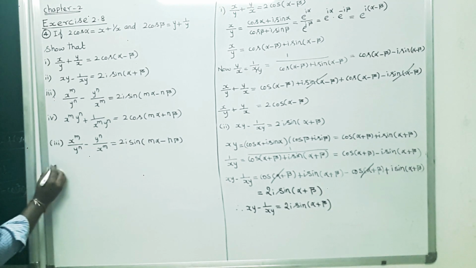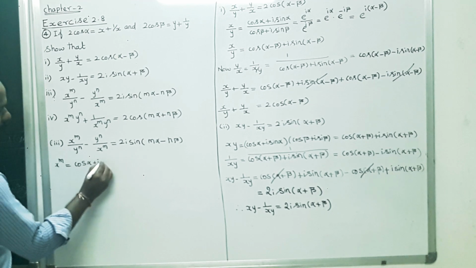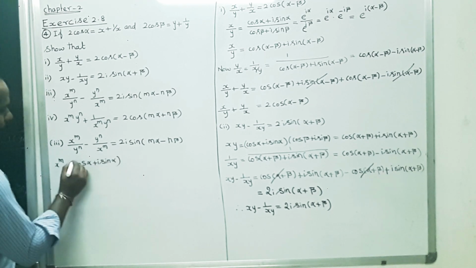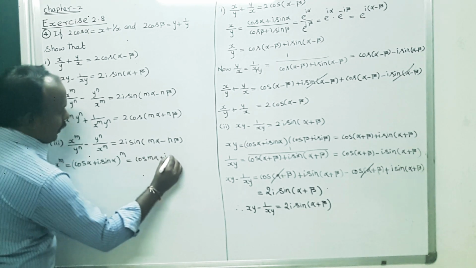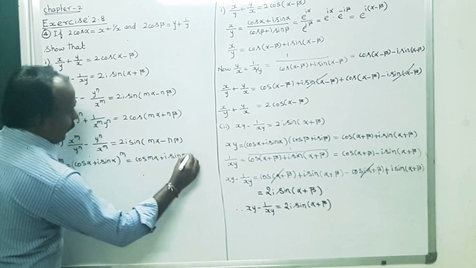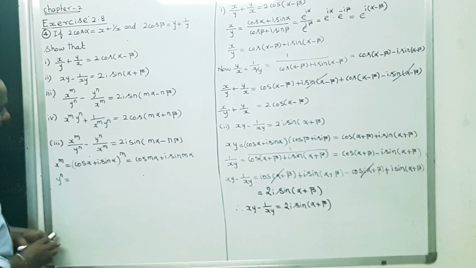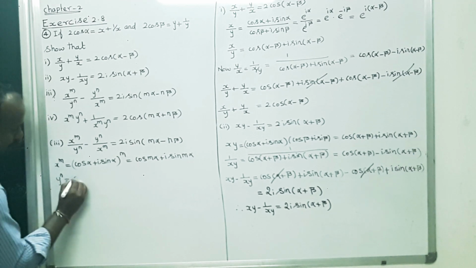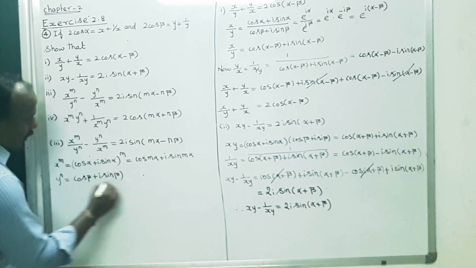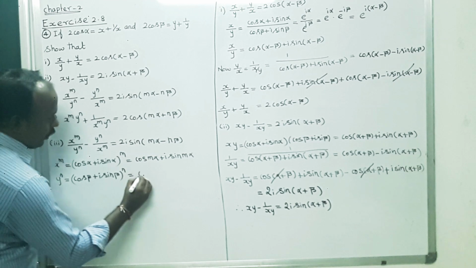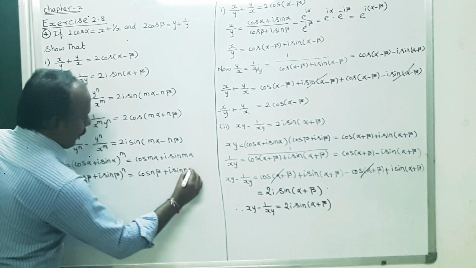First, to find out x power m. So x power m is equal to cos alpha plus i sin alpha, the whole power m, so is equal to cos m alpha plus i sin m alpha. Next, y power n is equal to cos beta plus i sin beta, the whole power n, is equal to cos n beta plus i sin n beta.